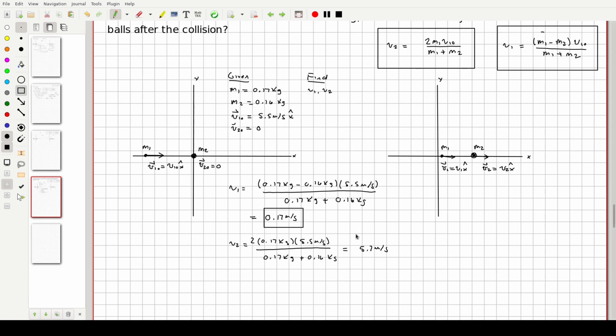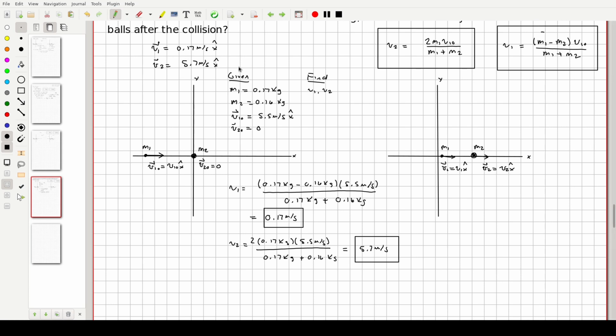Okay, so there you go. What's object 1's velocity? 0.17 meters per second, x hat. What's object 2's velocity? 5.7 meters per second, x hat.